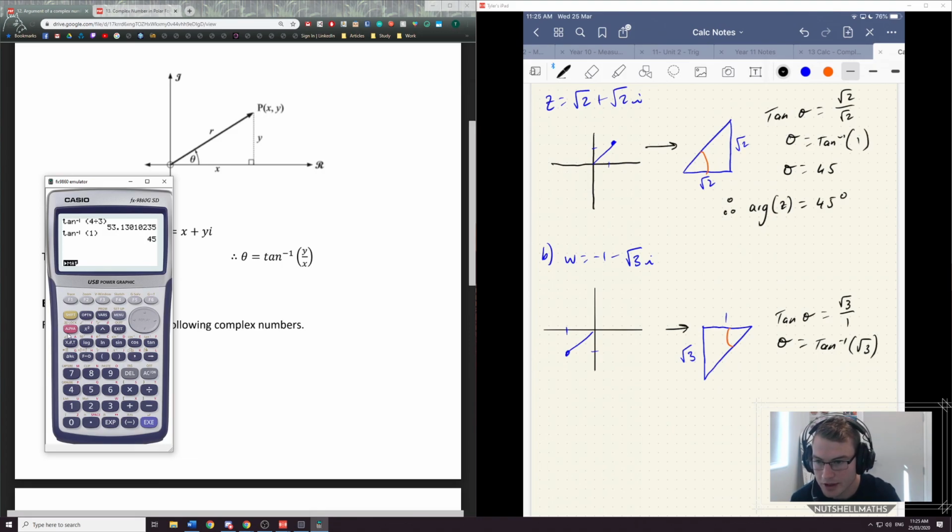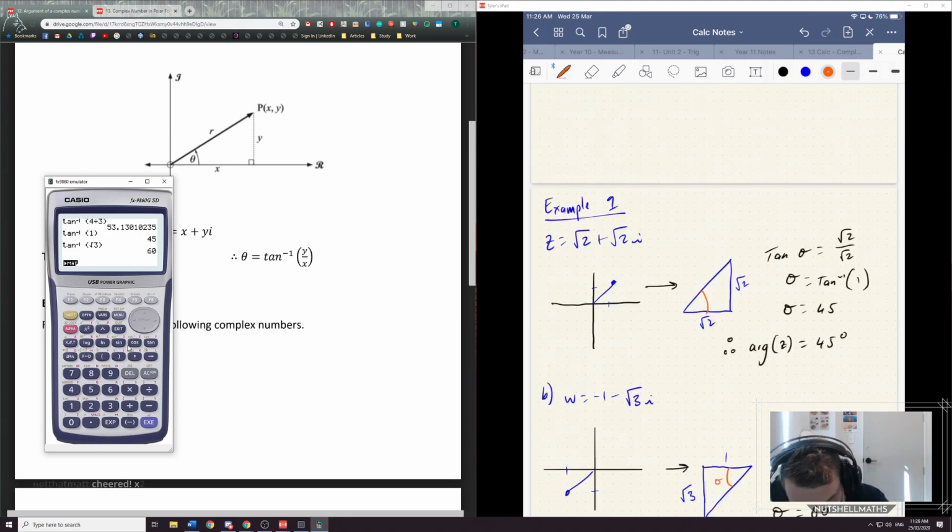Oopsies. But yes, good call. Of √3, and there you go, we've got 60. So we've found that this angle here is 60 degrees. But that is not the argument.